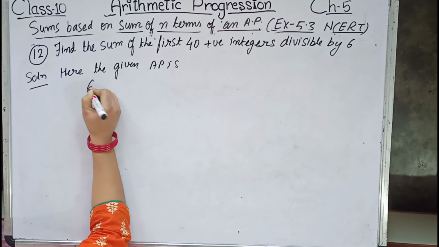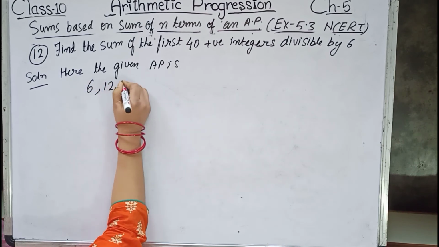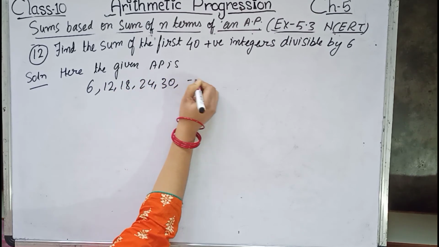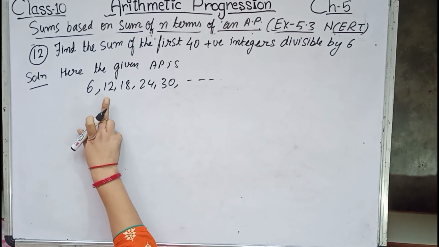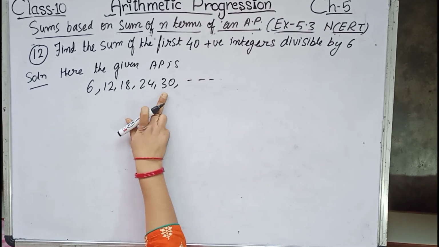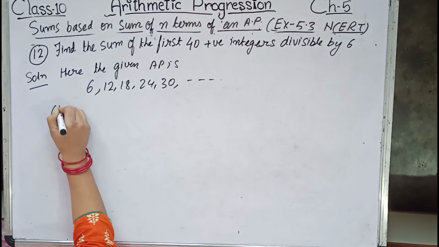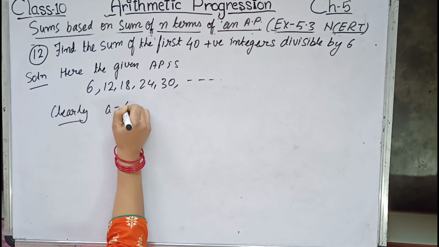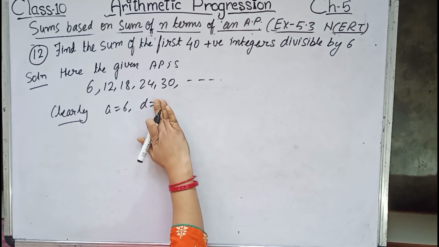So first integer divisible by 6 is 6, and so on. So I have written the table actually of 6: 6 1s are 6, 6 2s are 12, 6 3s are 18, 6 4s are 24, 6 5s are 30, and so on. So here clearly A equals to 6 and D equals to 6.